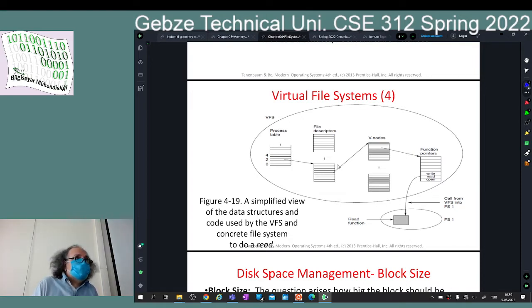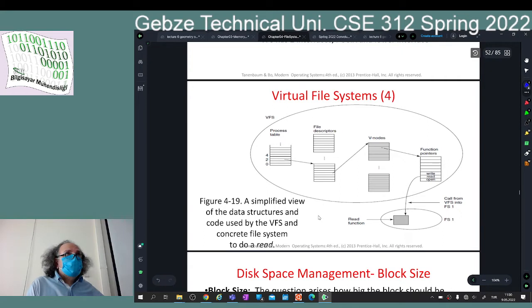That's why I cannot cover all kinds of different file systems available. We are just looking at different properties of file systems, and whatever is being used nowadays, or the ideas of file systems nowadays.